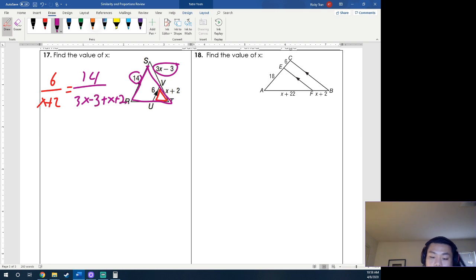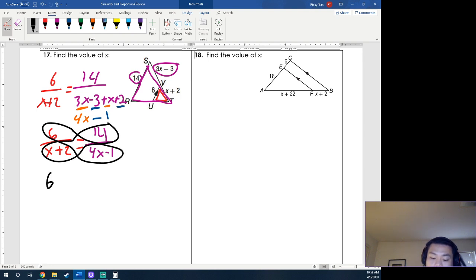Before we do this, we're just going to combine like terms real quick. So x plus 3x becomes 4x, and then negative 3 plus 2 is negative 1. So I'm going to rewrite this equation: 6 over x plus 2 is equal to 14 over 4x minus 1. And we just cross multiply.